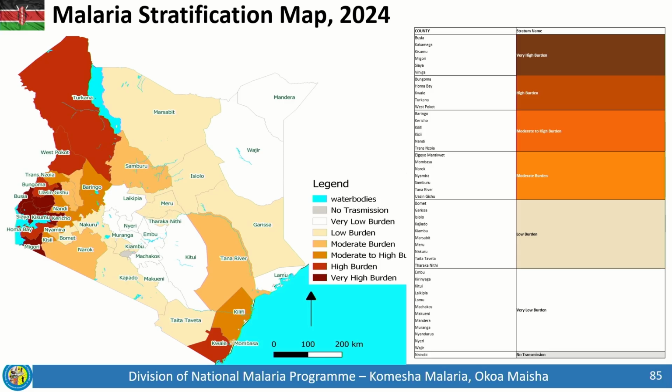So the question is, how are we utilizing this as a country to make decisions? Because previously we used to look at this and we would apply blanket interventions based on the burden profiles. But then now with the resources that are available, it means we need to look beyond the burden at the county level and stratify it lower.